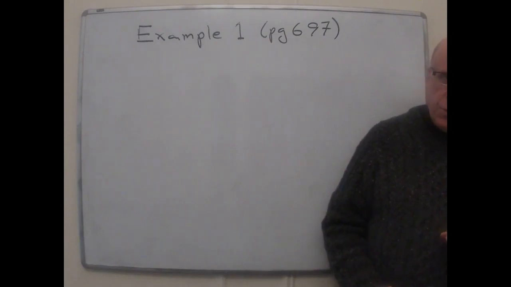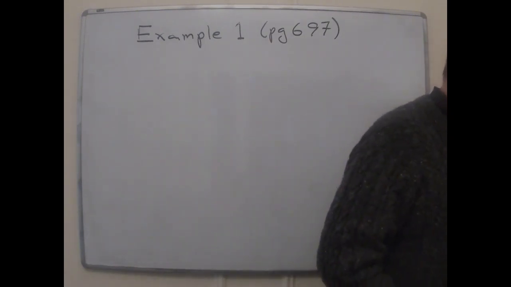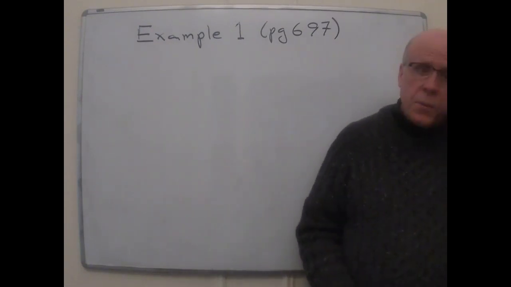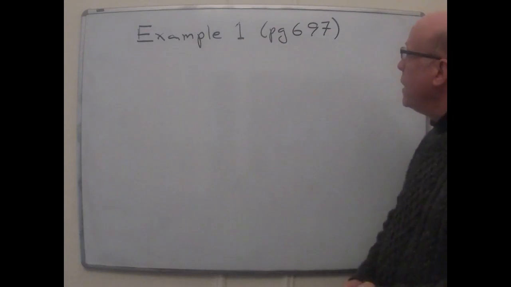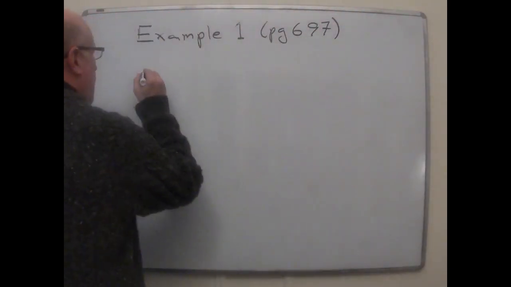I encourage you to look at parts A and C. They only do the one example, so the rest of the examples will be relegated to the homework, I guess. But let me do this example 1, part B.